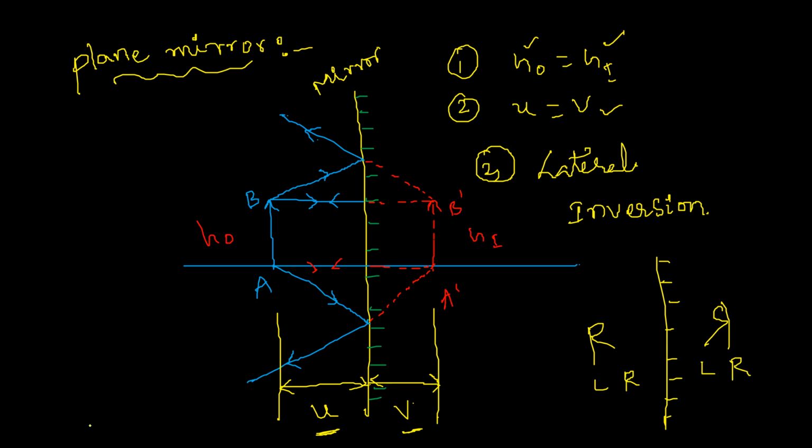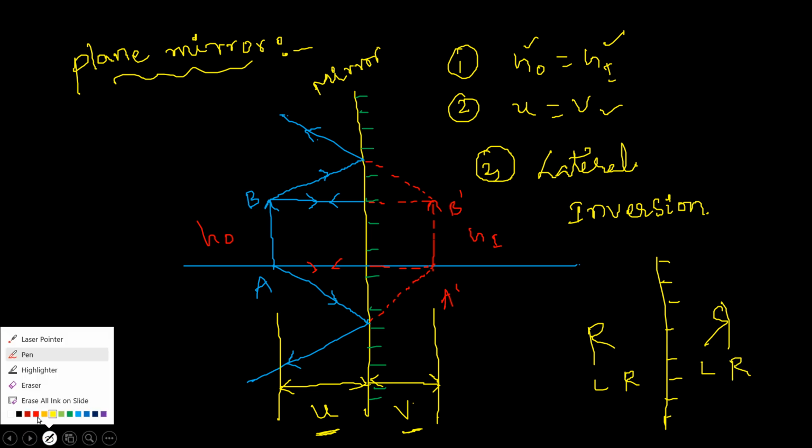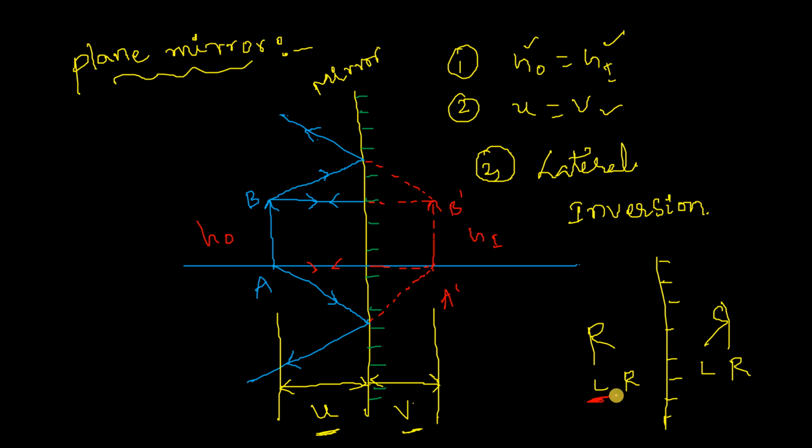This left side portion appears on the right side, and the right side portion appears on the left side. So this mirror image is called lateral inversion.